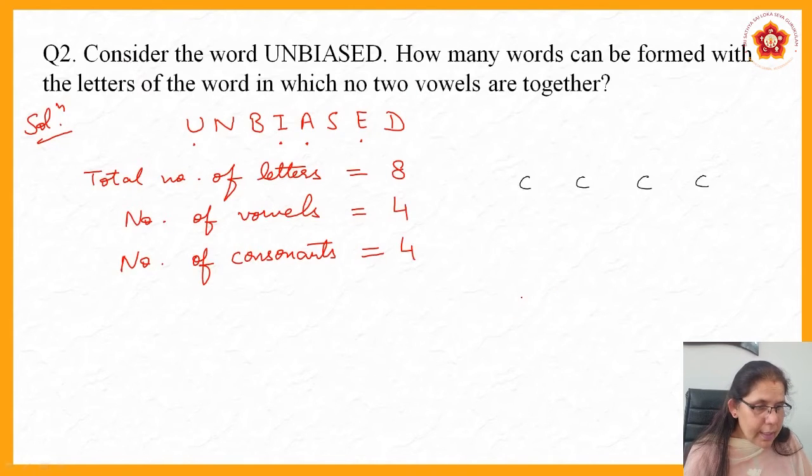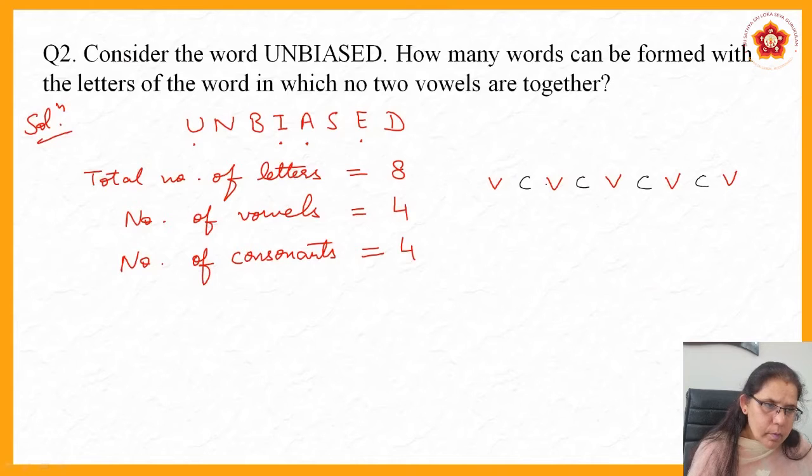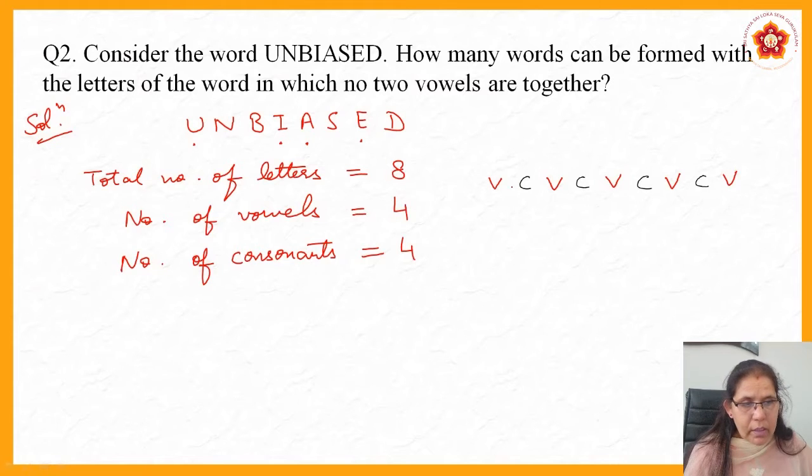If we don't want 2 vowels together, there should be one consonant between two vowels. So vowels can take up these places. A vowel can come before a consonant and a vowel can come after a consonant.